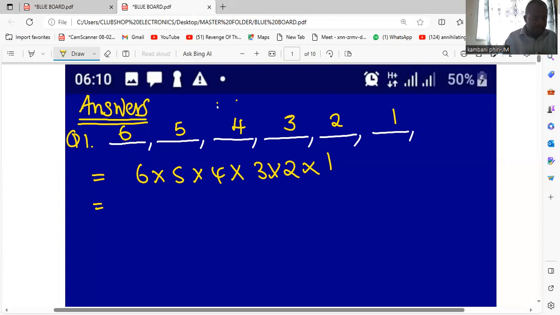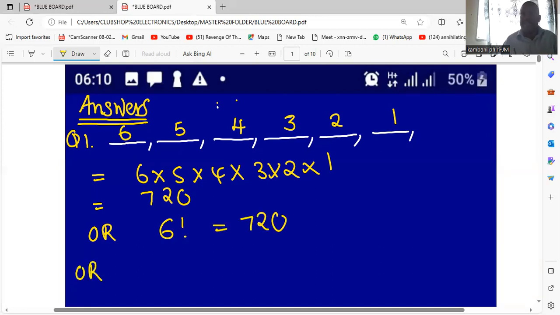So this is 720. Or you can simply say this is the same as 6 factorial, and 6 factorial is 720.